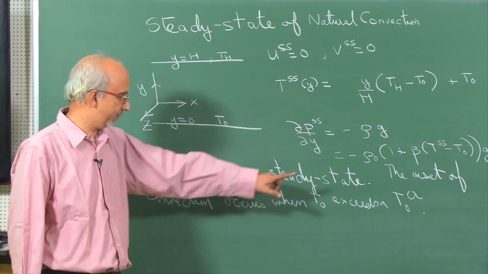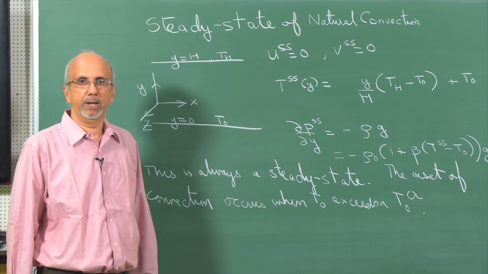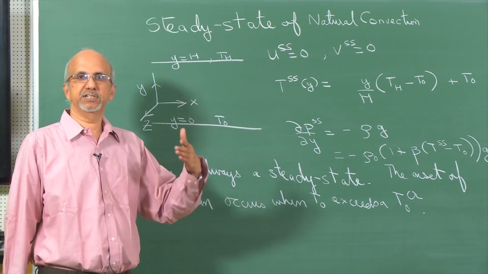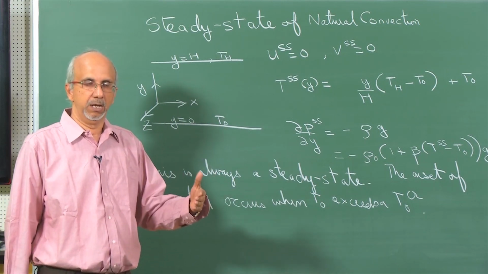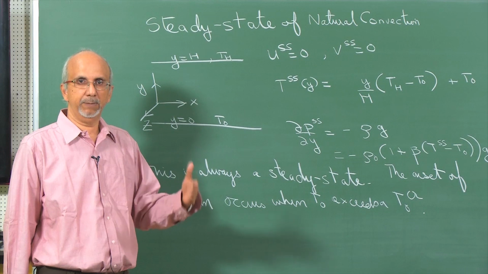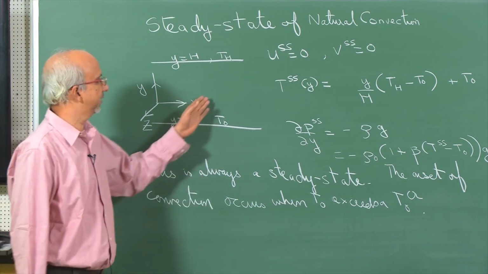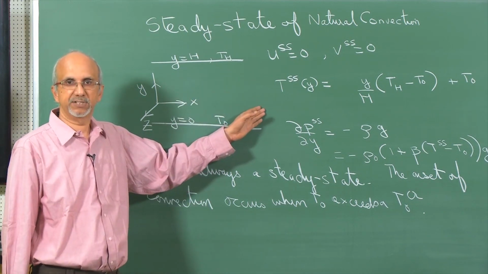Our job is to find this T0 critical, and the transition from the stationary state to the state where you have convection is going to be decided by the point at which this particular steady state becomes unstable.